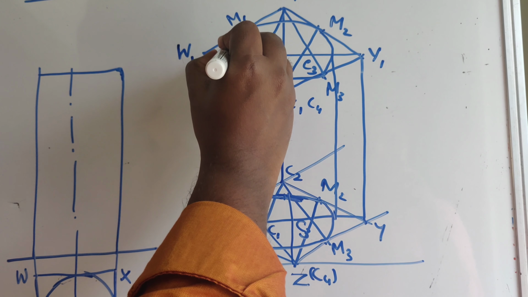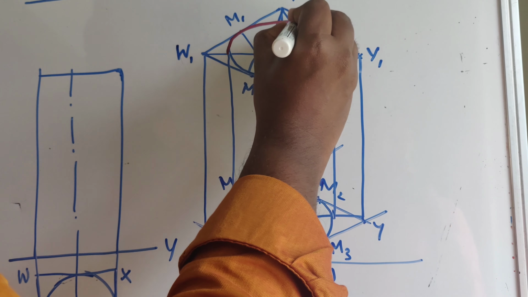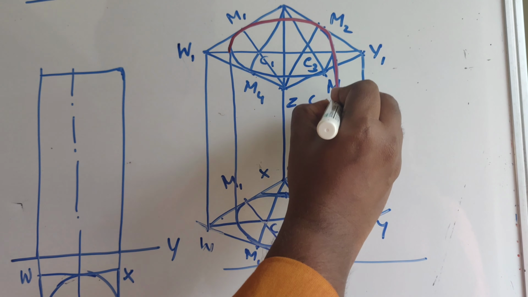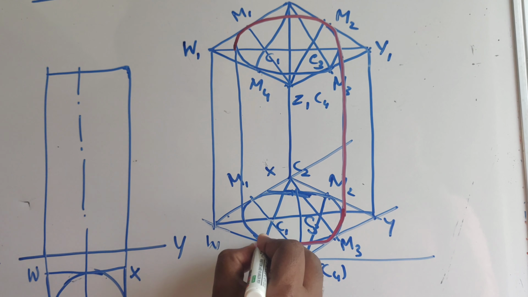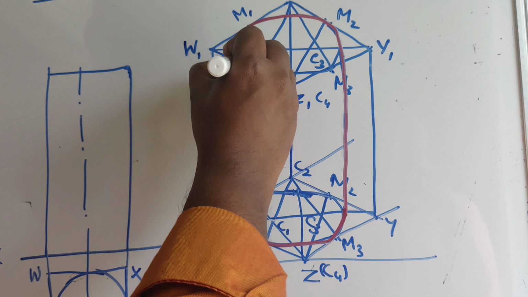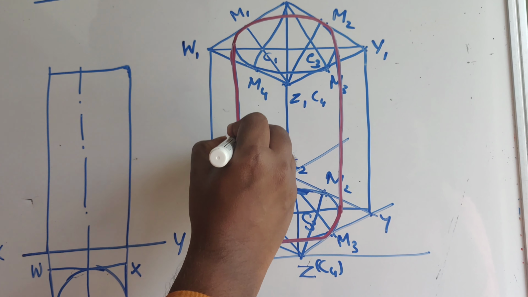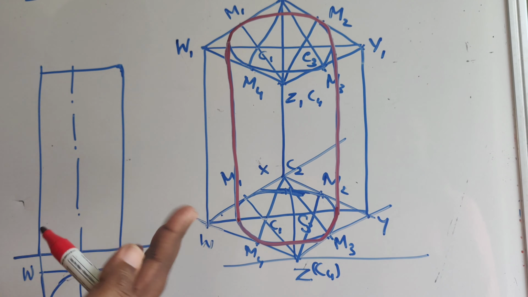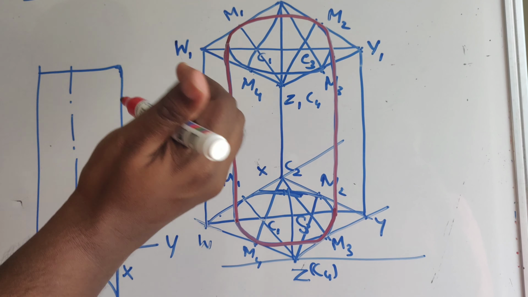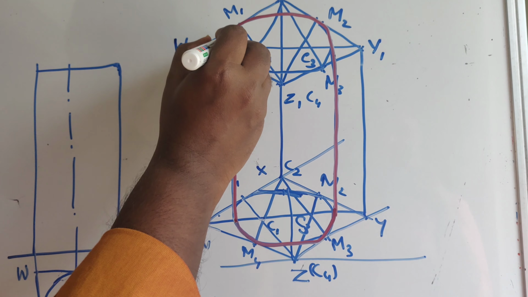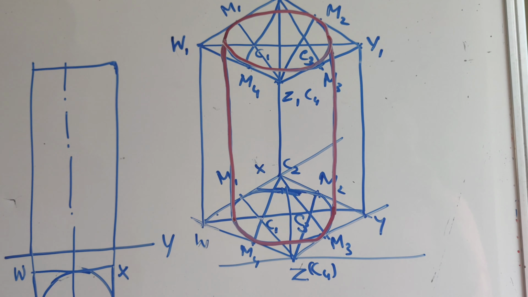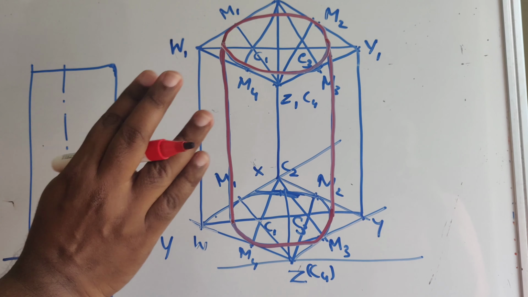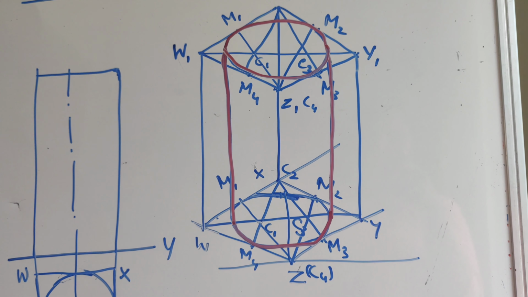All the outer edges are visible. That means this circular portion, this boundary, again this circular portion and this boundary are visible. As we know, when the observer is looking, the top base must be visible. So the top base is visible. Okay. So these are the only visible portions for this cylinder.